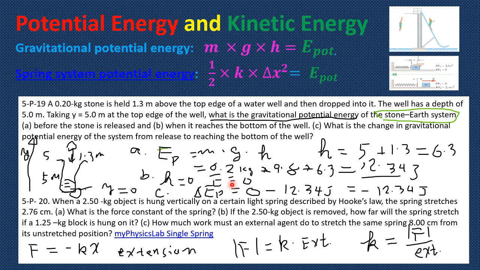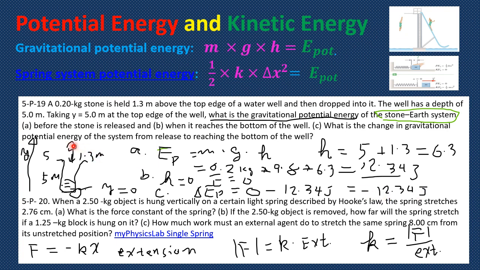The later one is 0, at the bottom, and the early one was at the top. So the change in potential energy is 0 minus the earlier one, which was this number on top. So you get a negative value for the change, and the negative sign means it's a loss.